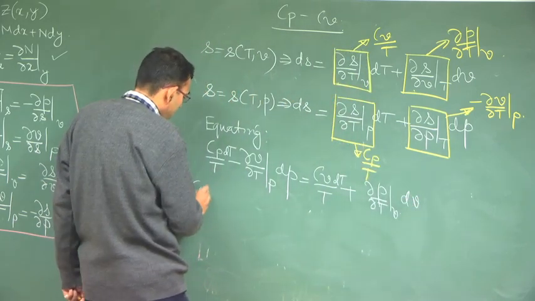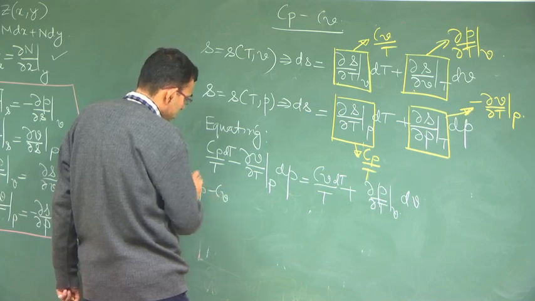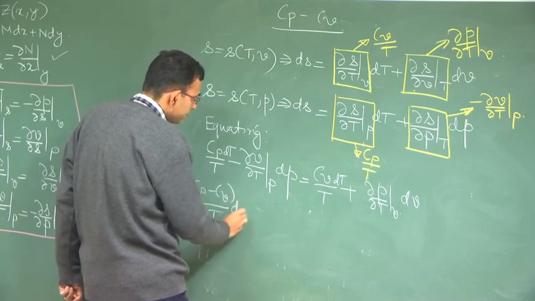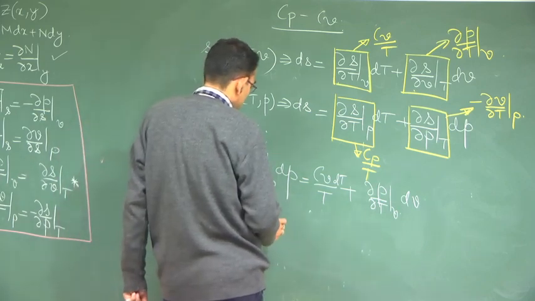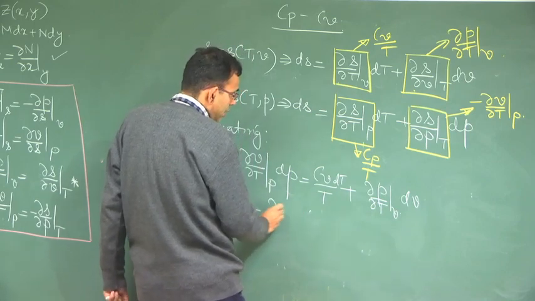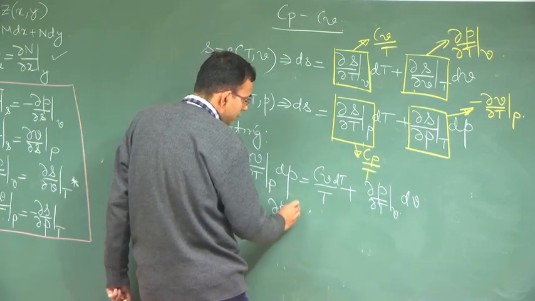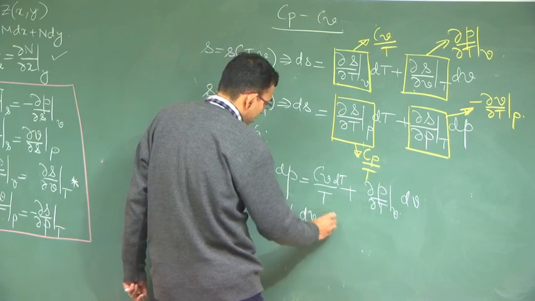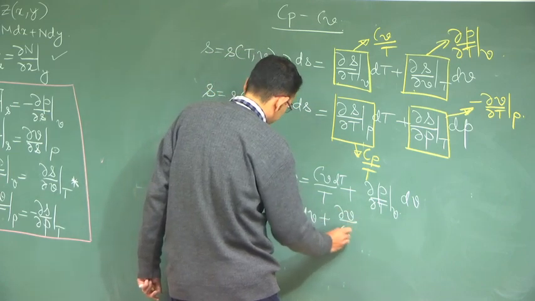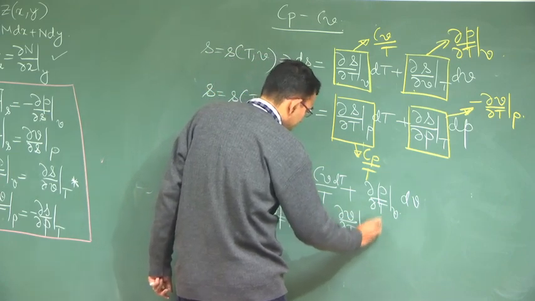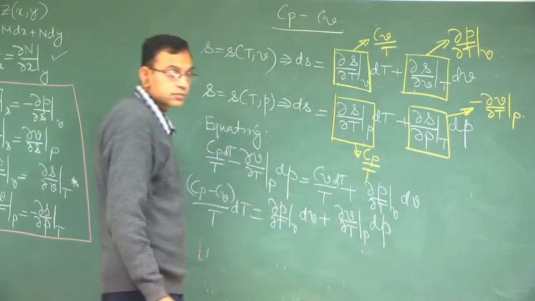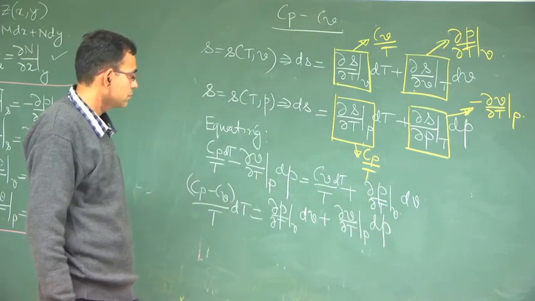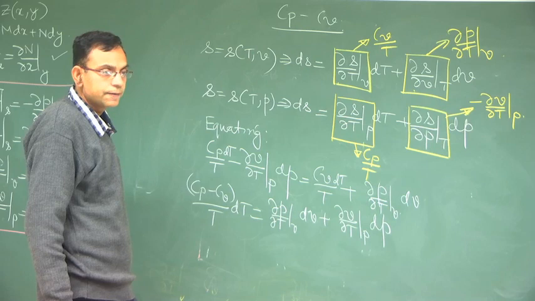So, Cp minus Cv by T dT is equal to del P del T at constant volume dV plus del V del T at constant pressure dP.